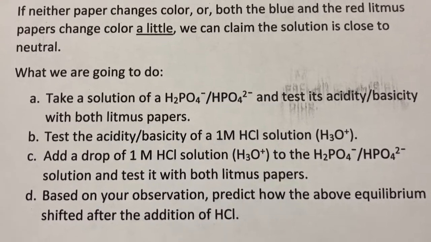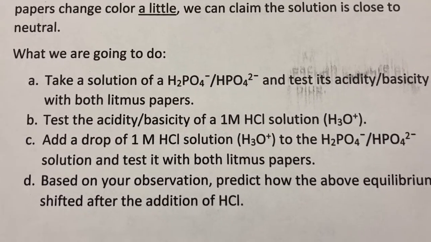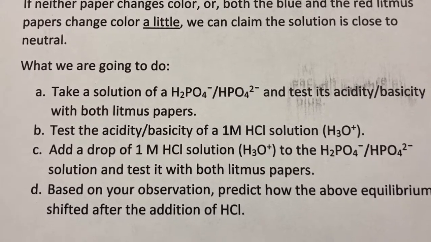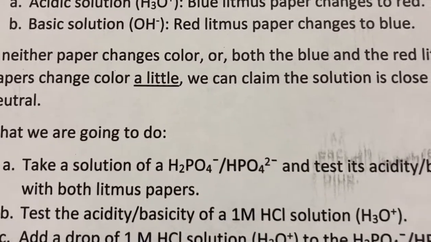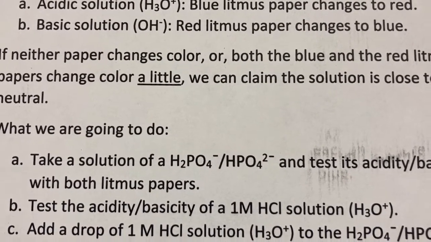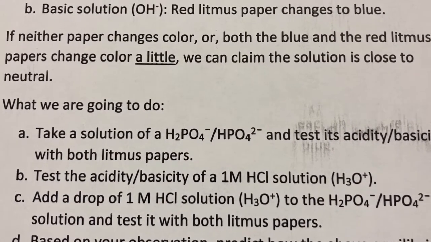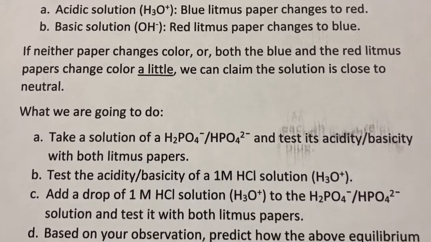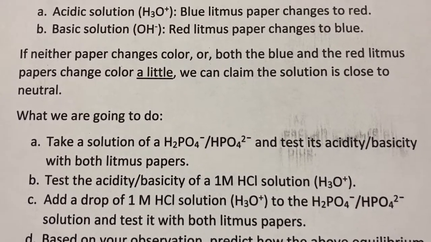Then we are going to add the hydrochloric acid solution to the mixture of the phosphate solution. Okay, we're adding an acid to it. Then we will test it again with the litmus paper.